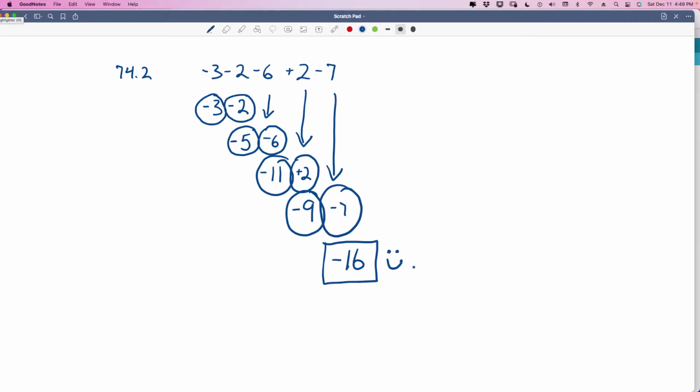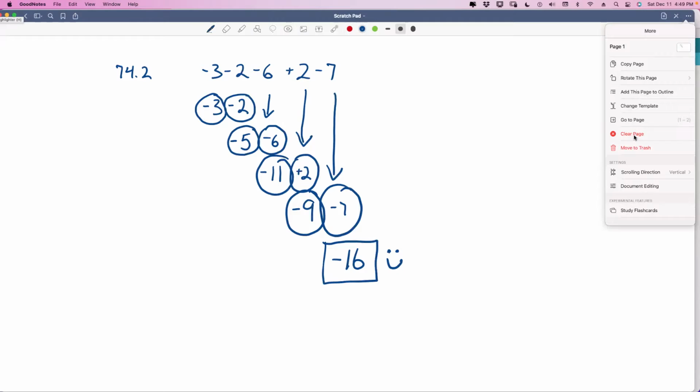All right, let's look at the order of addition. It's the second part of lesson 74. So we're going to start with 74.3. Addition is always left to right, whether it is addition or whether it is subtraction.